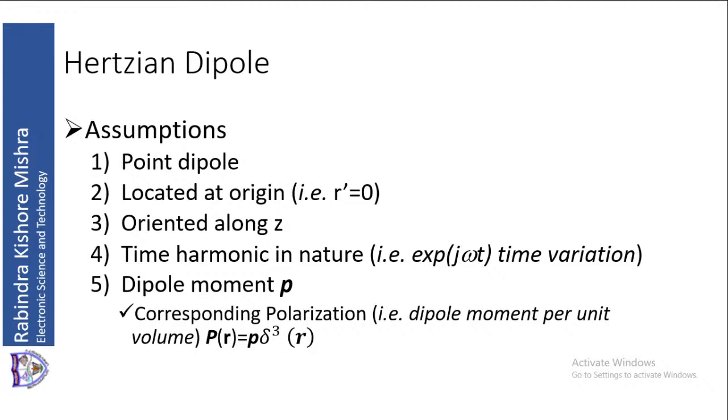But since we are considering this as a volume, corresponding to polarization, that is dipole moment per unit volume, P(r), capital P, where the dipole moment is small p, that will be equal to small p delta(r). Delta(r) is actually the Dirac delta function in 3D. So P(r) is equal to small p times the Dirac delta function of r.